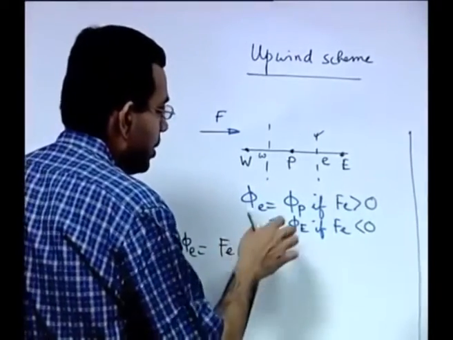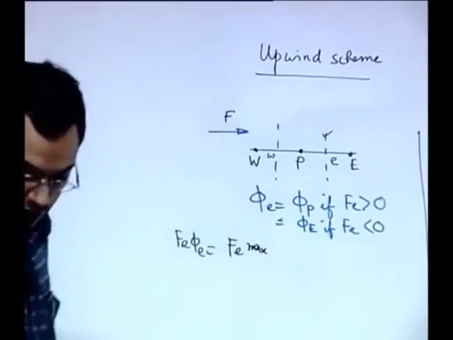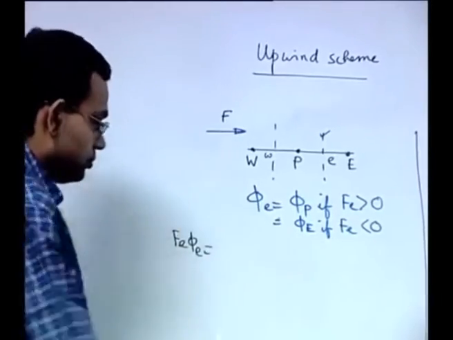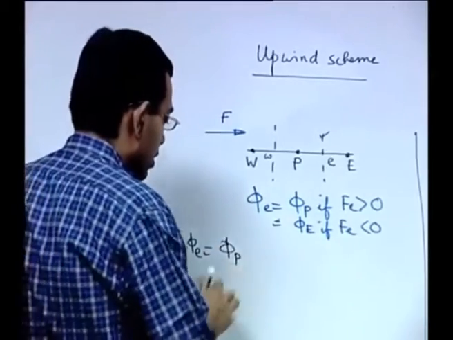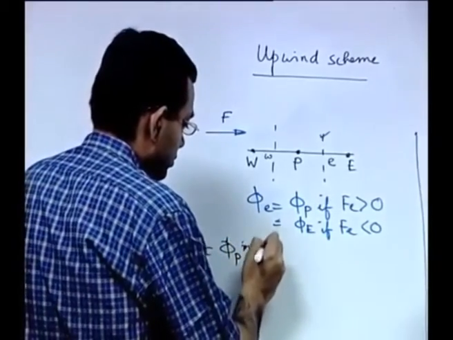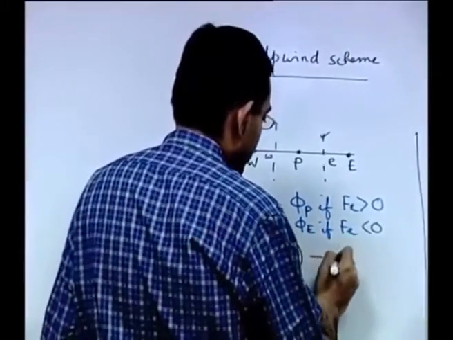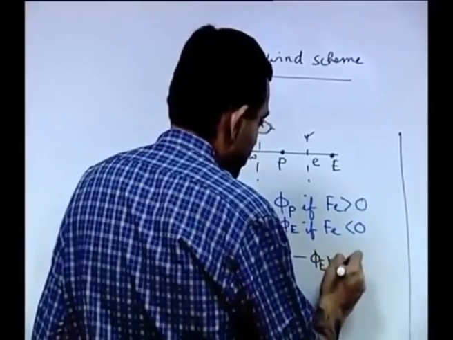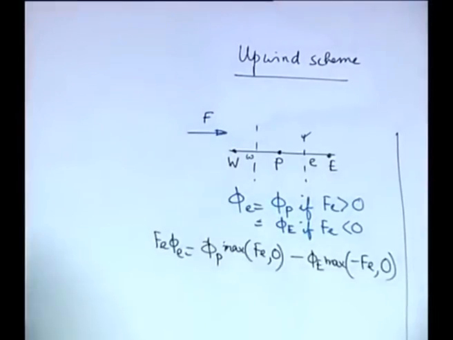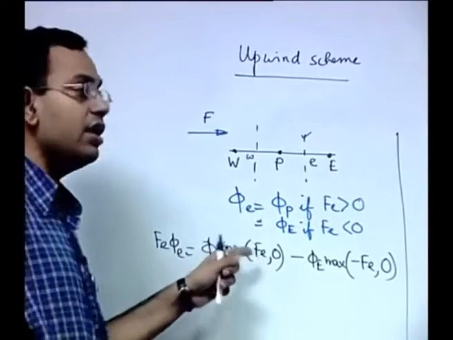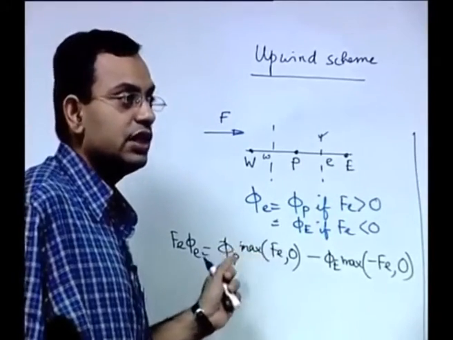Now, if we write this statement by combining these two, phi e equal to phi P if F e is greater than 0, we can write it in this way, where max(a, b) is a function which returns the maximum of the two, which returns the greater of the two.